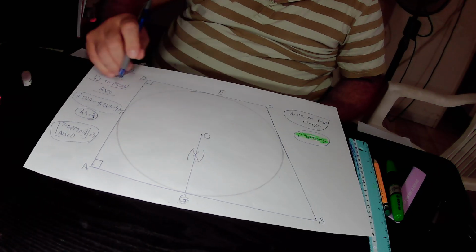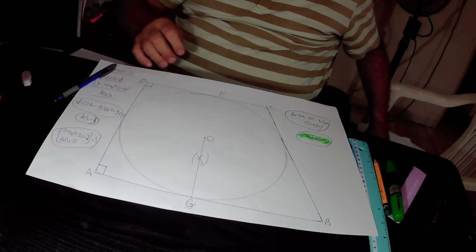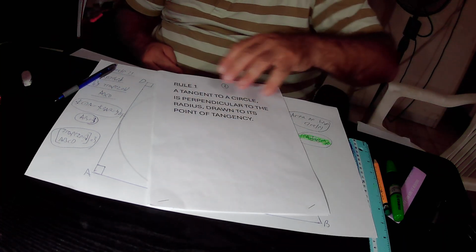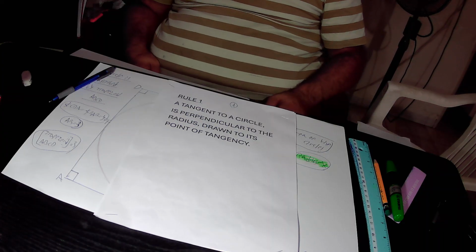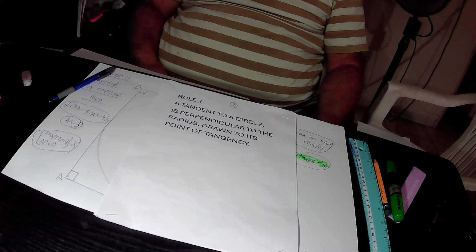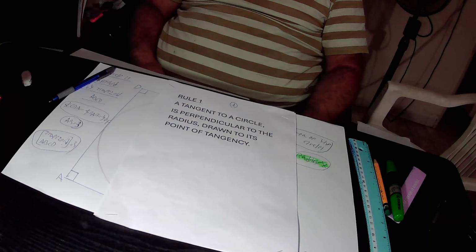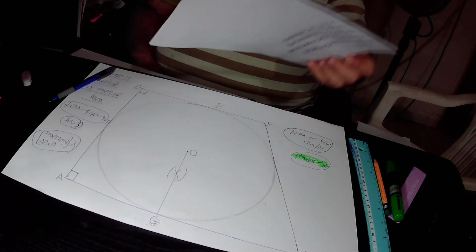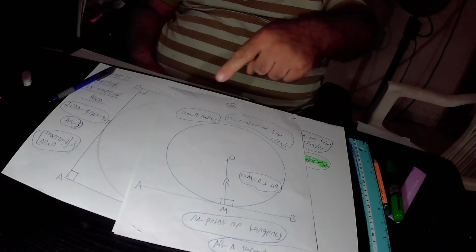So here we can implement rule 1. I repeat quickly rule 1: a tangent to a circle is perpendicular to the radius drawn to its point of tangency. In the drawing we have a circle.